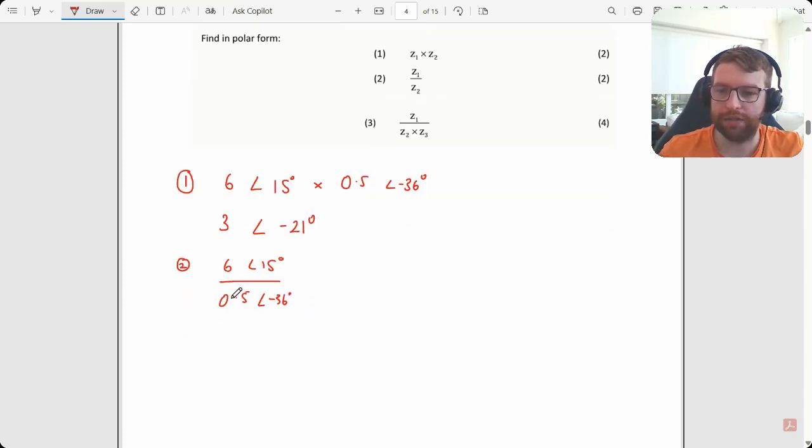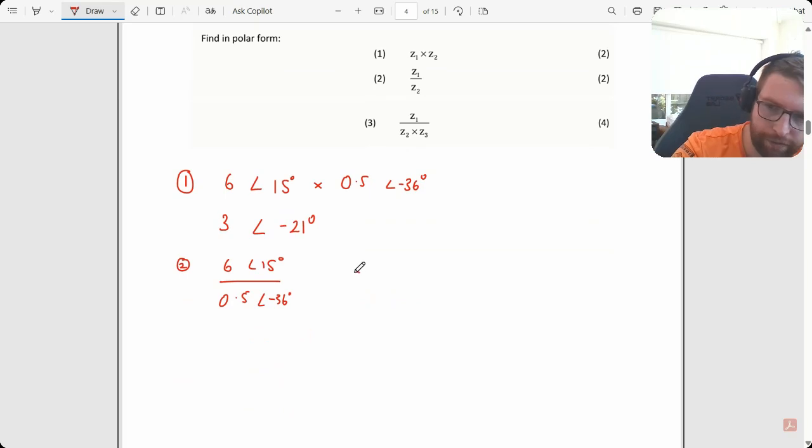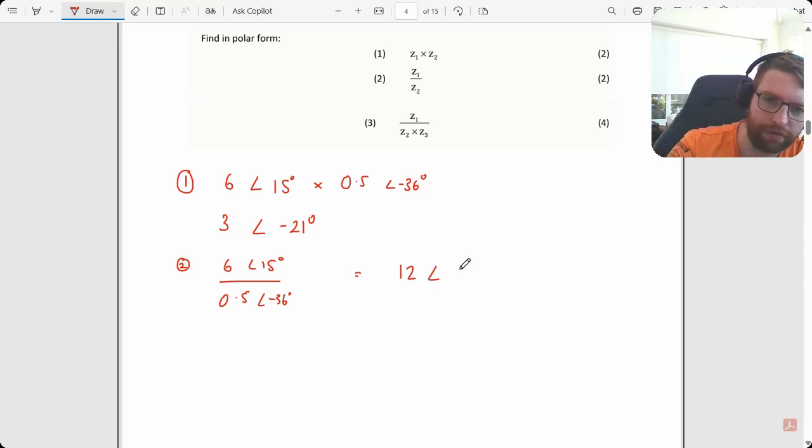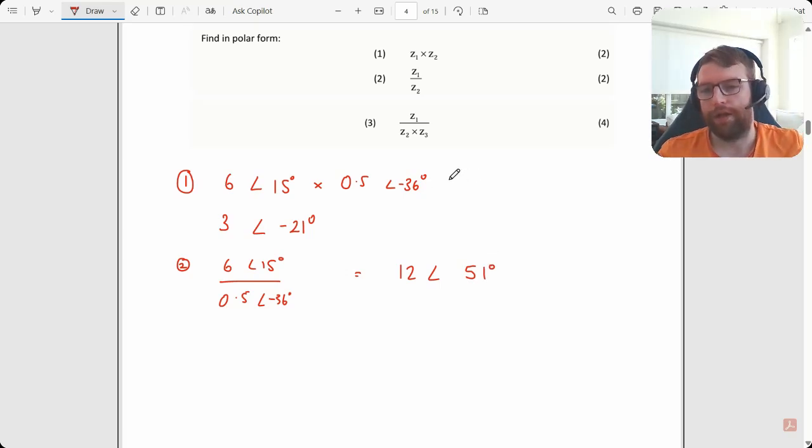We're doing 6 divided by 0.5, so that's going to give us 12. And then our angle, again, the logic flips. So it's going to be 15 minus 36, which will make it positive. So we should get 51 degrees. And that should be that.